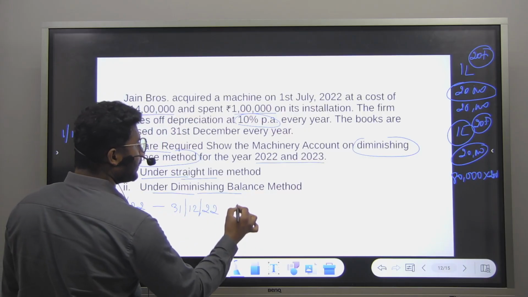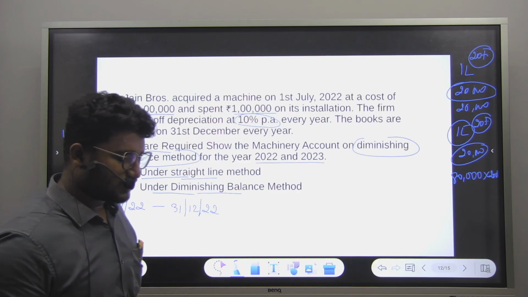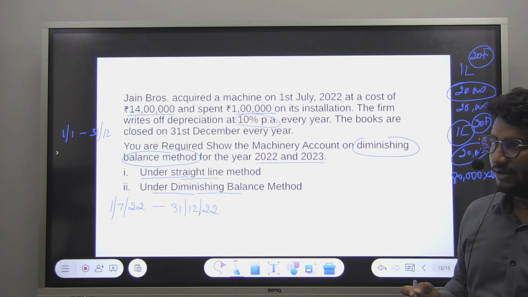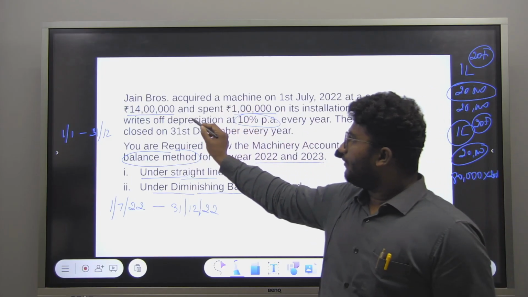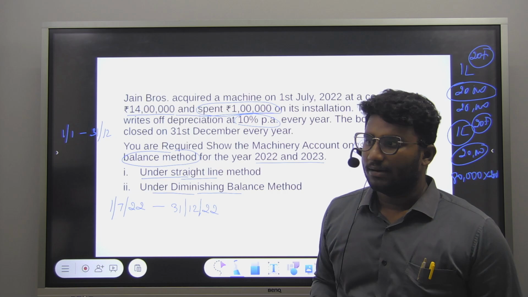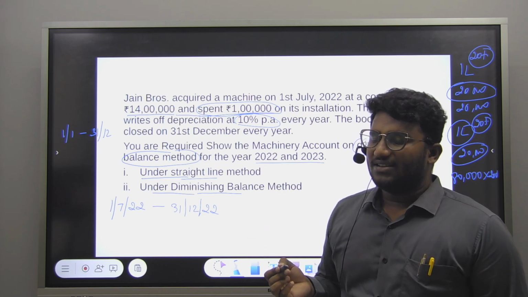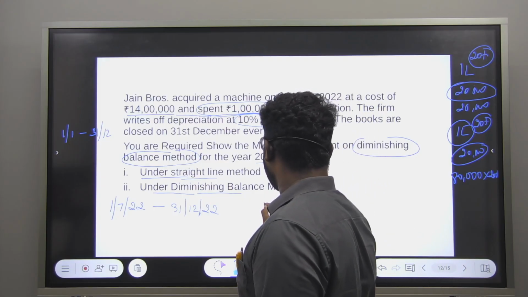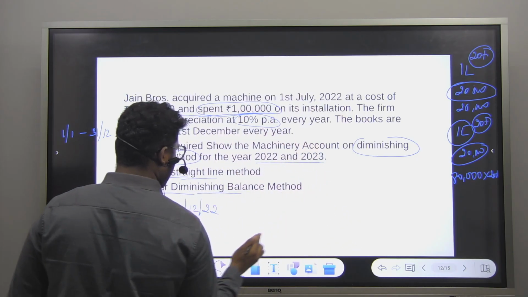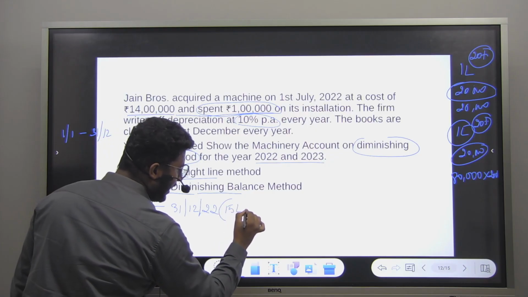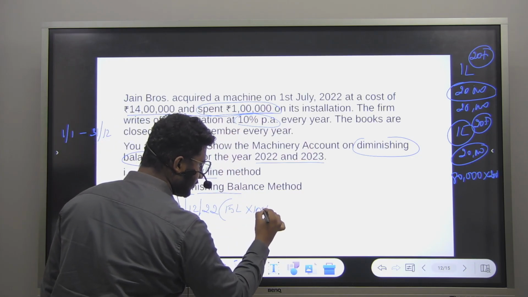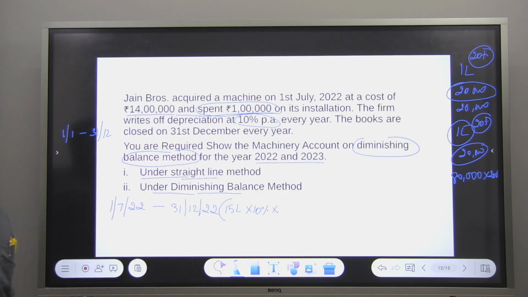So how much will it be? What is the cost of asset? 14 lakhs, sir. 14 lakh. So we have to add the installation charges also. So the total cost of machinery is how much? 15 lakhs, sir. 15 lakh rupees. So 15 lakh into depreciation rate is 10%, into.